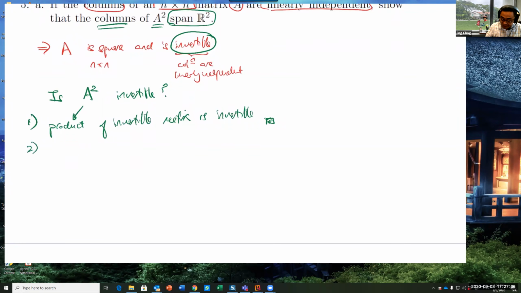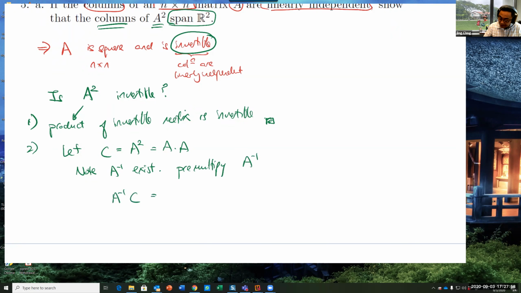Well, we let C equals A squared equals A times A. Note, A inverse exists. We are going to pre-multiply the equation with A inverse. So we have A inverse C equals A inverse multiplied by A times A. We have just reduced to I times A.